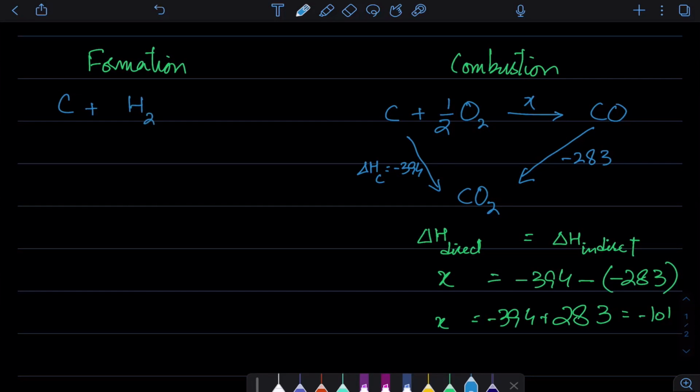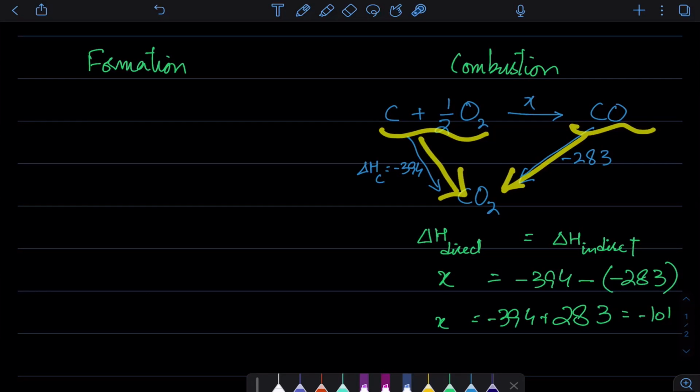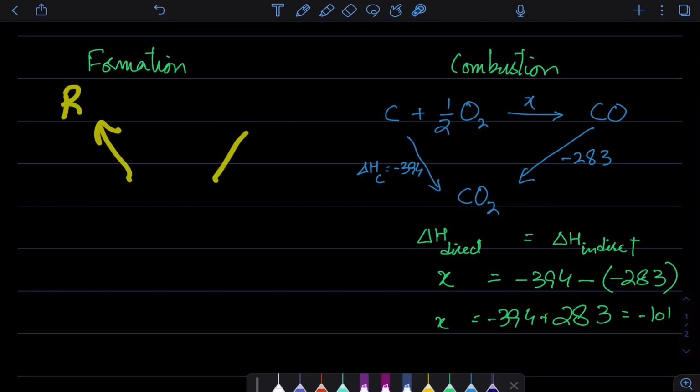Sir, how would you know where to put the arrows though, like direction of the arrow? देखो, बड़ा सिंपल है. अगर आप कंबशन कर रहे हो तो आप इसको भी बर्न करते हो, इसको भी बर्न करते हो, तो दोनों का एरो प्रोडक्ट की तरफ नीचे को आता है. हमेशा ऐसे ही होता है. आप उसको बर्न करते हो, जो प्रोडक्ट आप बर्न करके वो यहां पे आ रहा है. फॉर्मेशन में आप रिएक्टेंट को भी फॉर्म कर रहे हो, प्रोडक्ट को भी फॉर्म कर रहे हो, तो उनमें यूजुअली एरो ऊपर को जाता है. तो अगर आपने रट्टा ही मारना है ना, तो फॉर्मेशन में एरो ऊपर होगा और कंबशन में एरो नीचे होगा.